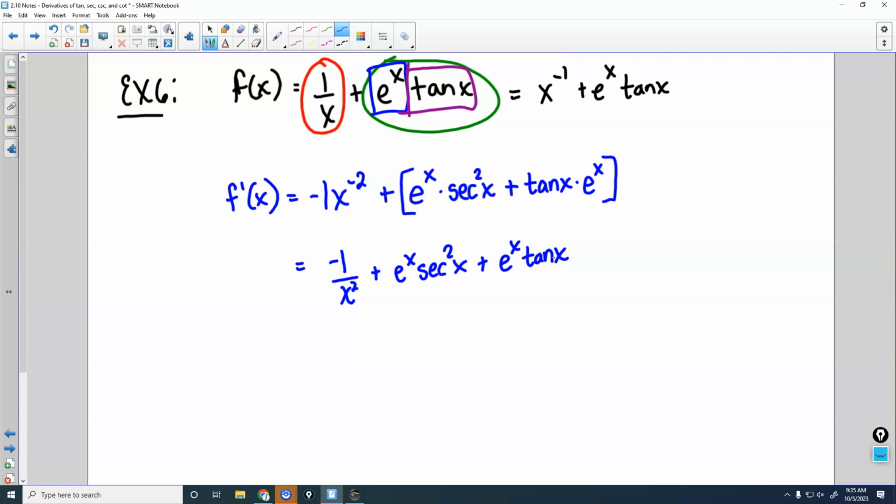I think they will probably just leave it like this. There's not anything glaringly obvious that could be changed. You could do something like common denominators, but then you're putting x squared over here. And I think they'll probably just leave it like this. Okay, questions?